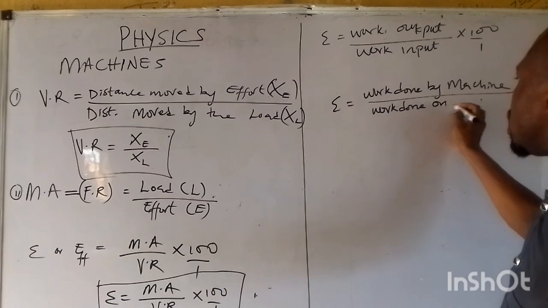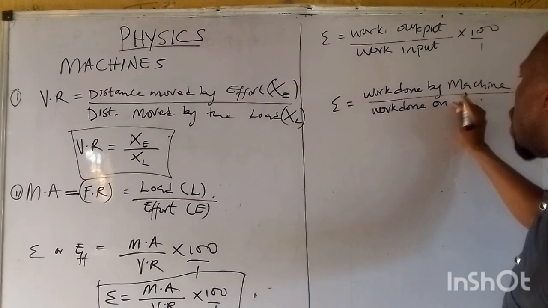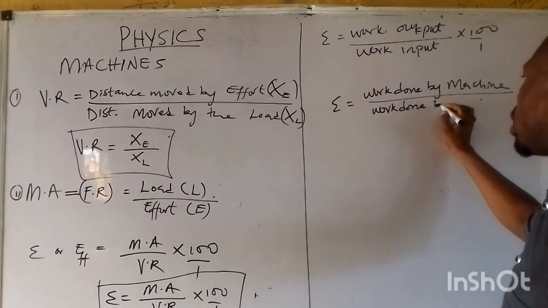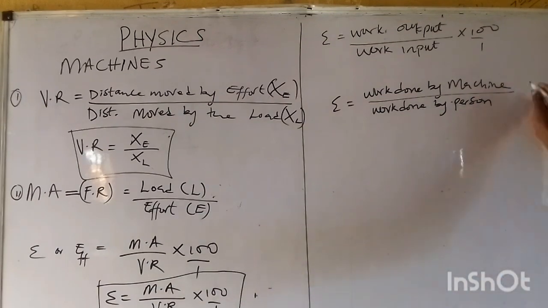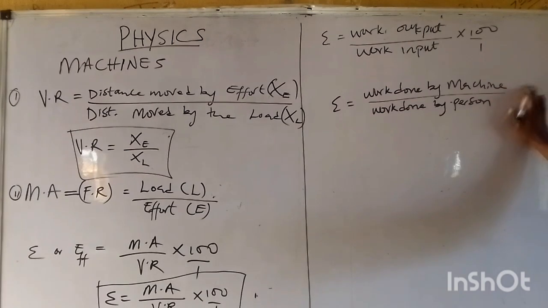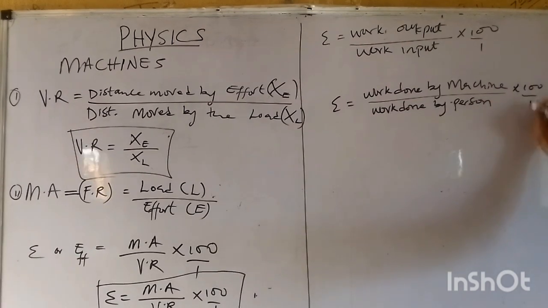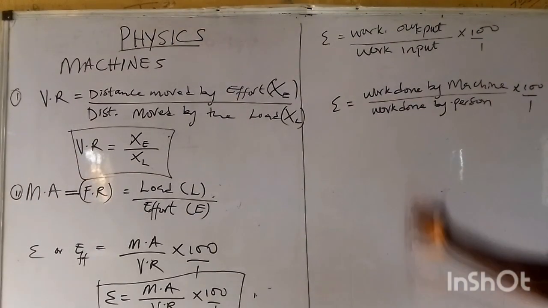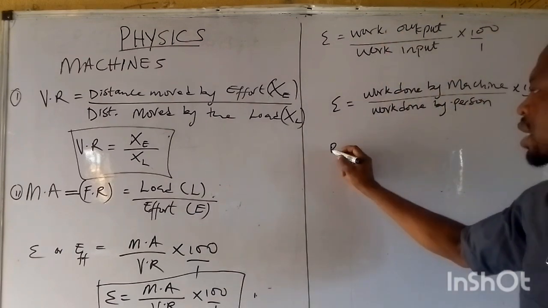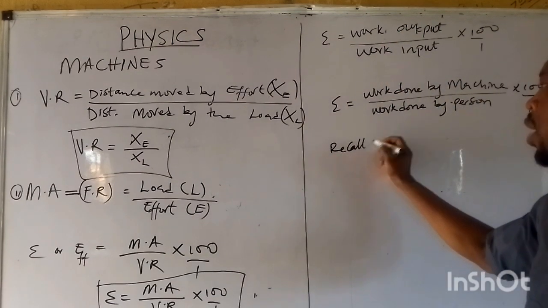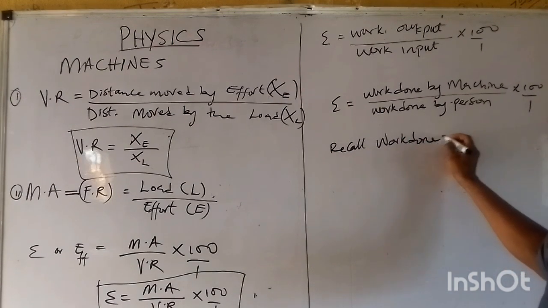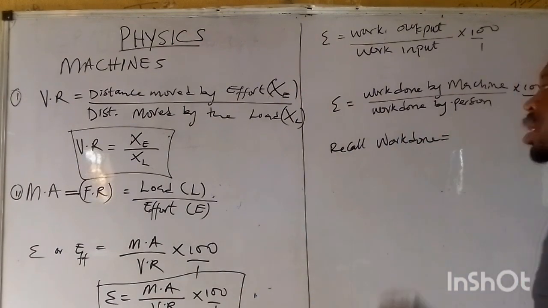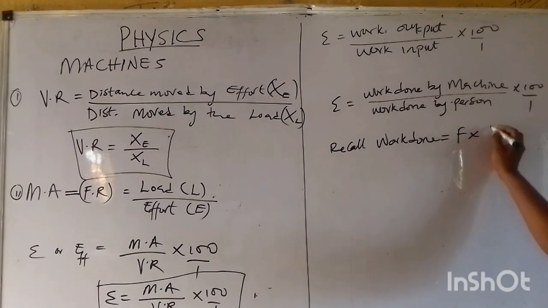Work done on machine and work done by person are the same thing. Multiply by 100/1. Now recall that work done is equal to force times distance.